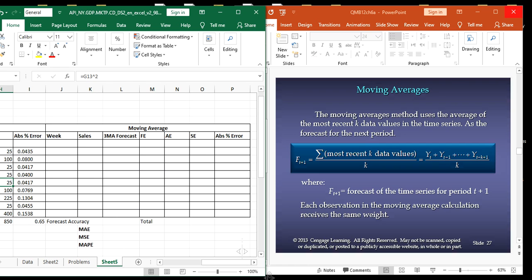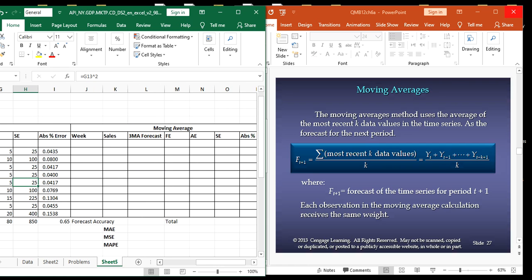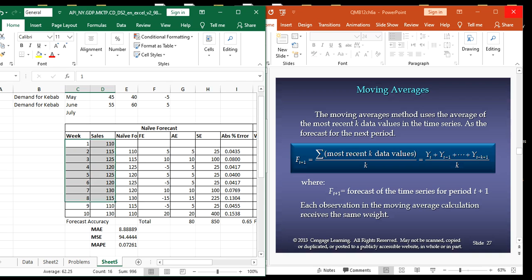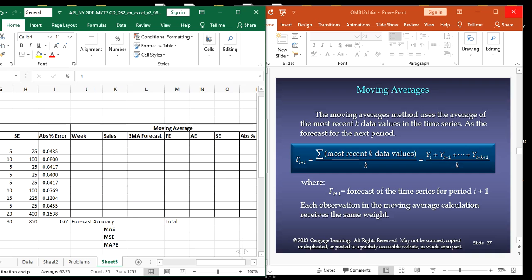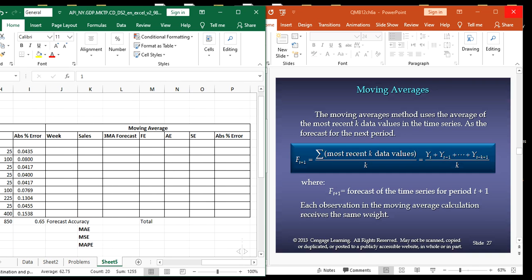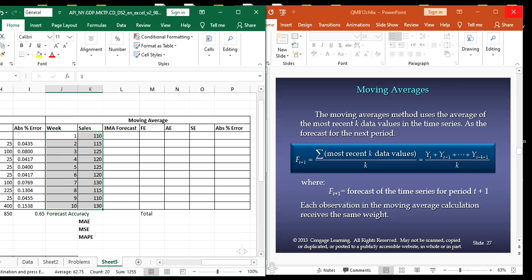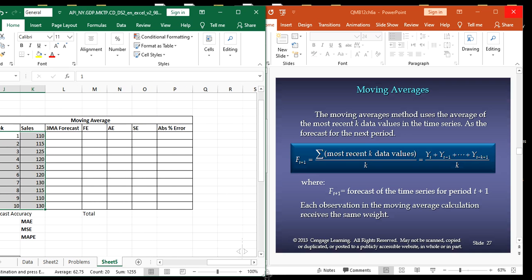Okay, let's have the same data over here and examine the forecasting using the new method, which is moving average.